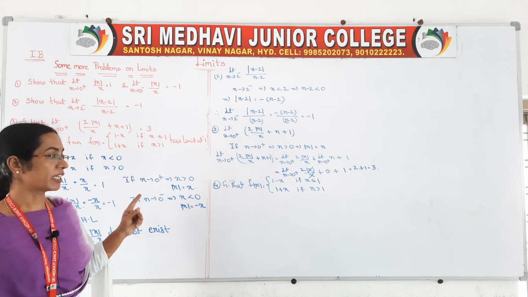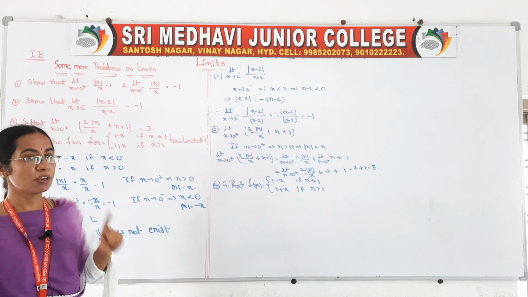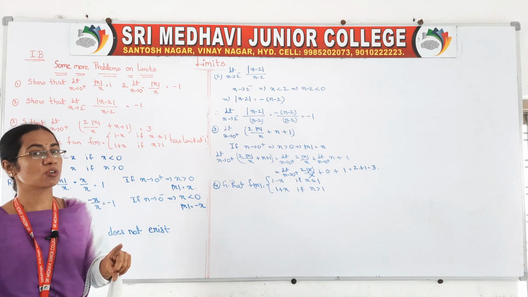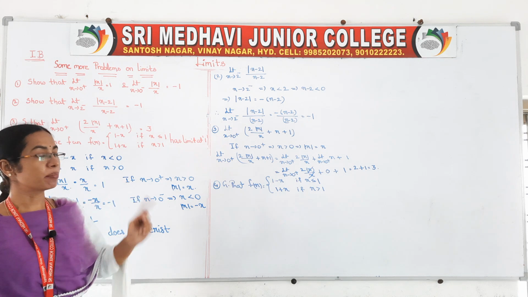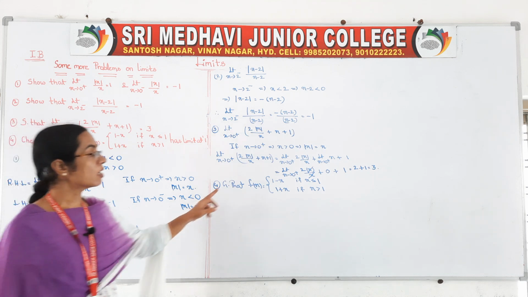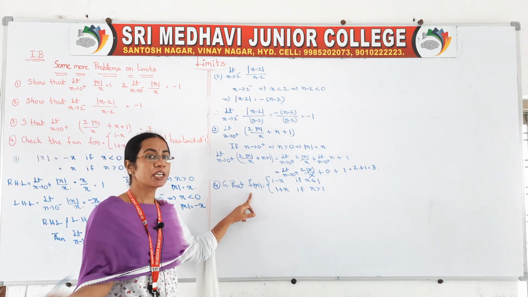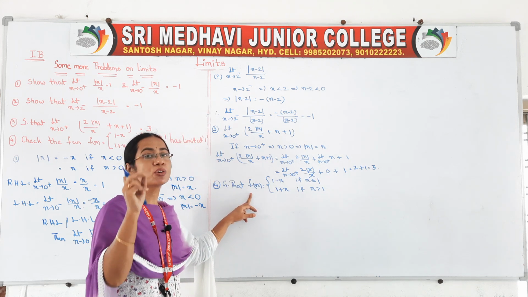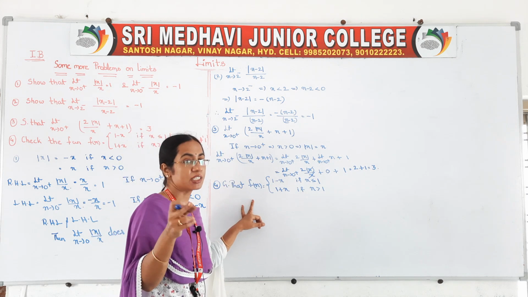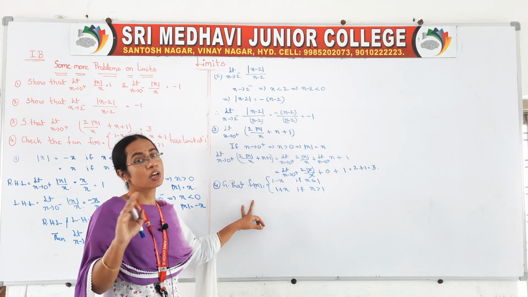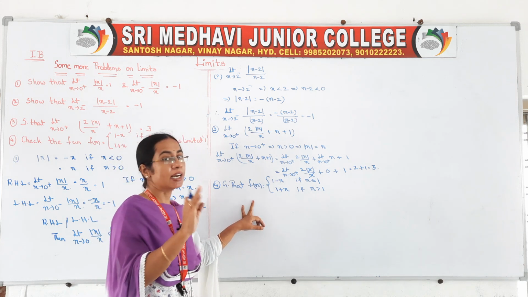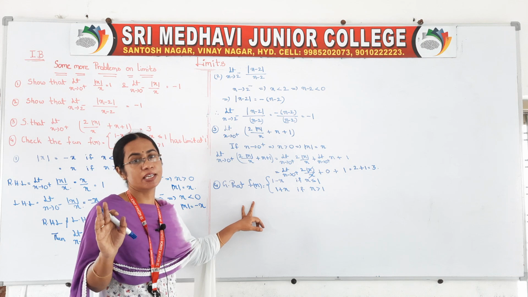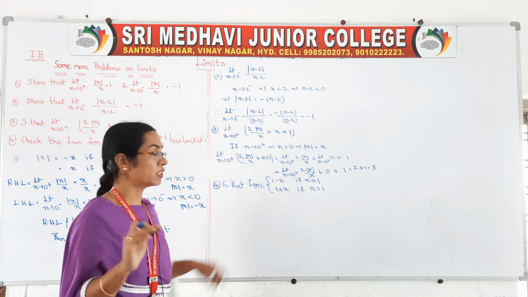So how will we check it? You find out the left hand limit at x equal to 1 and the right hand limit at x equal to 1 for the given function. If both are the same, then that value is nothing but the limit of this function. If both are not equal, then that limit does not exist. Okay, that is the procedure.